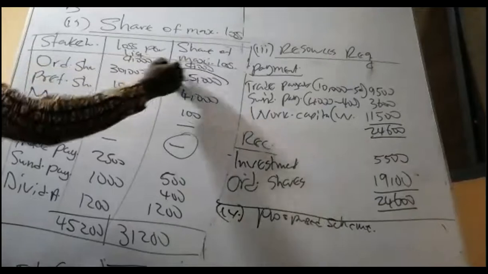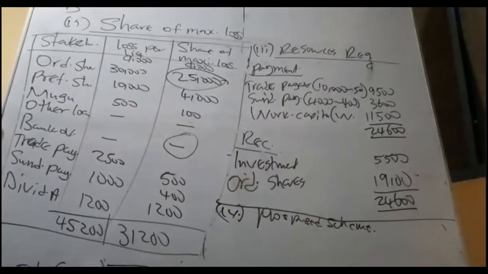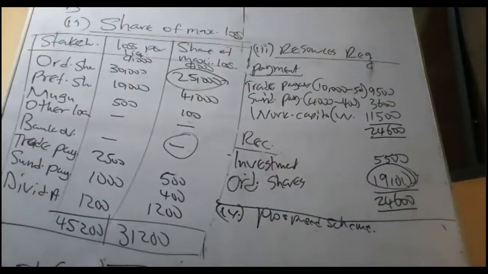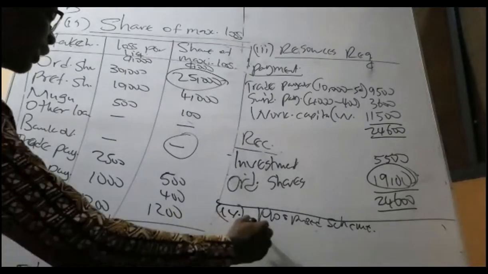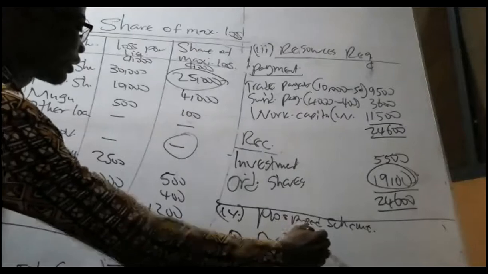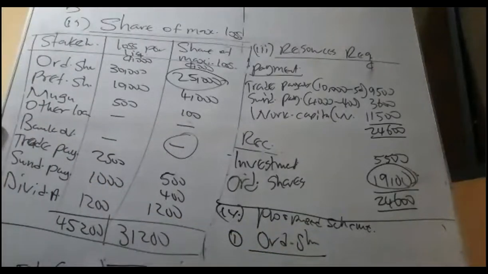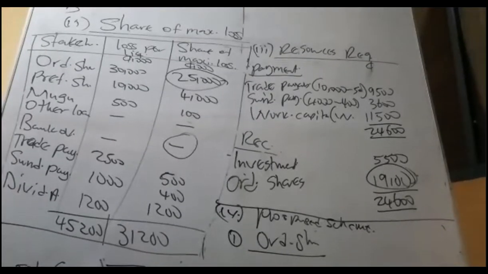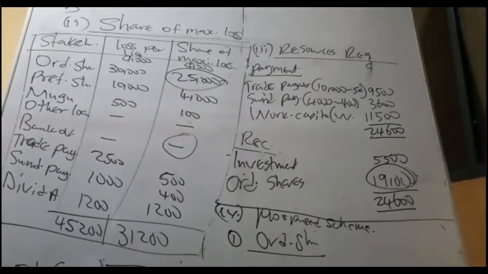So ordinary shareholders, let's see. They are losing what? 25 million. And they are bringing what? 19.1 million. That is all. So if you write ordinary shareholders, so here write number 1 on the list, ordinary shareholders. Then I'll underline this. Now I'll tell the examiner. The ordinary shareholders should agree to waive off 25 million of their investment and subscribe to new shares amounting to 19.1 million.